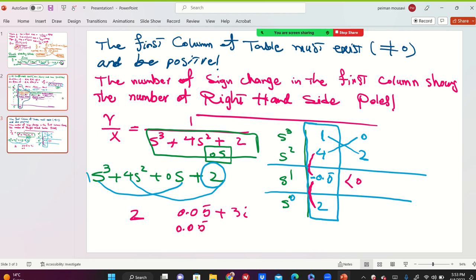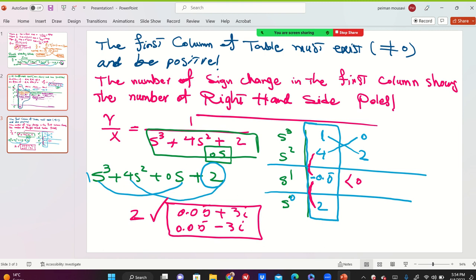We had the pair of complex conjugate poles. That's right. Here we go. Bingo. Everybody understand?